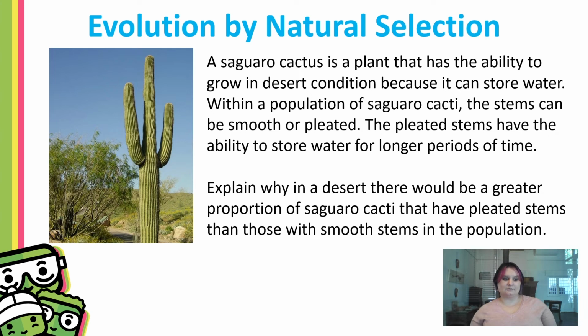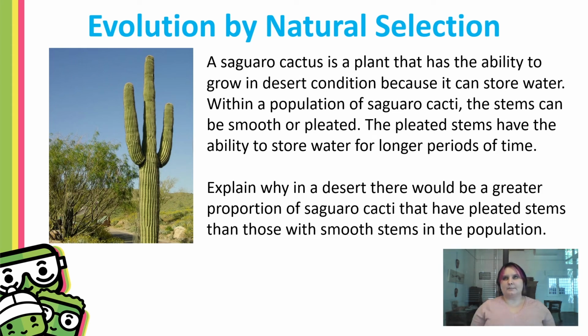So this question is actually asking us to explain evolution by natural selection, because what we're seeing is a change in the population over time. Evolution is this idea that organisms haven't remained the same. Organisms have shifted and changed over time.